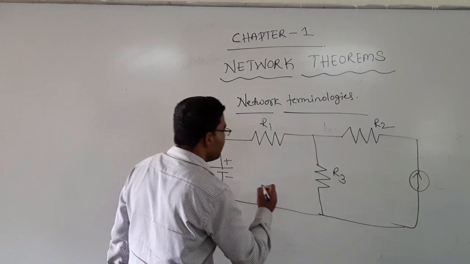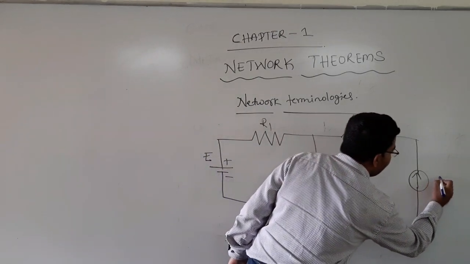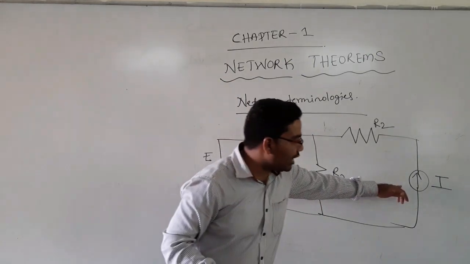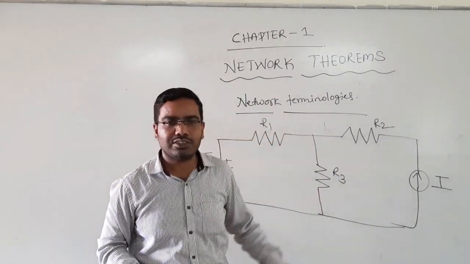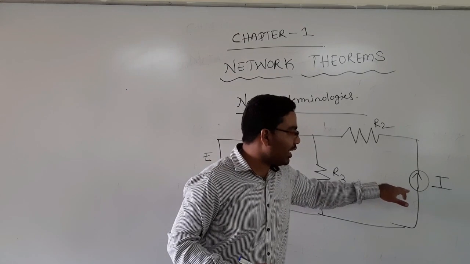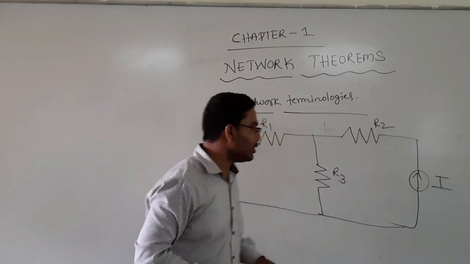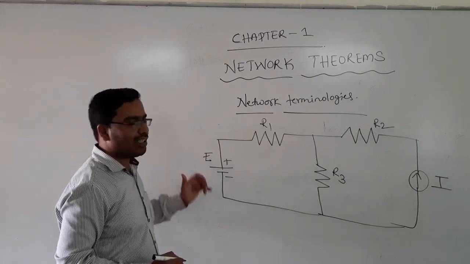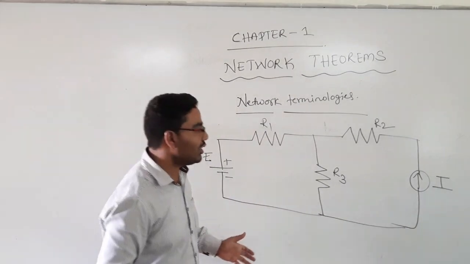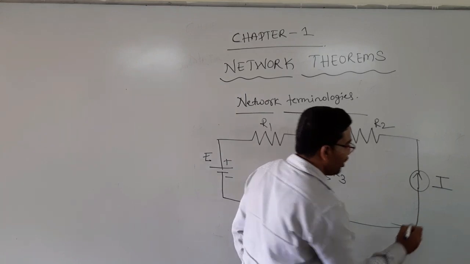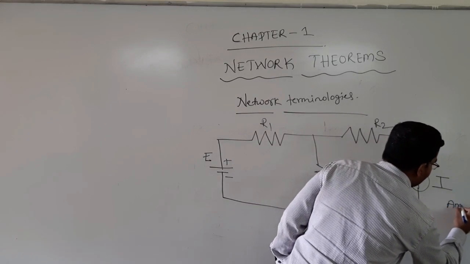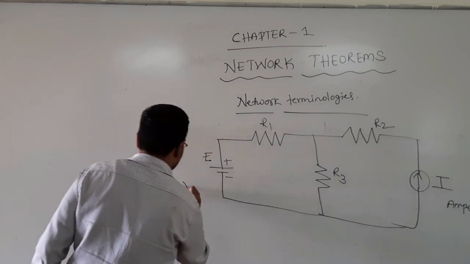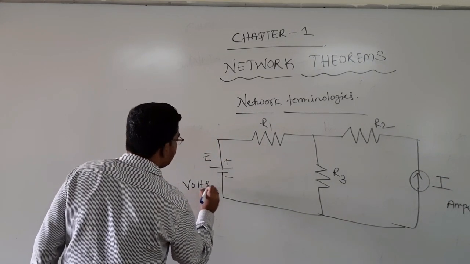Then this is the current source, denoted by I. Voltage or EMF is measured in volts. Current is measured in amperes.